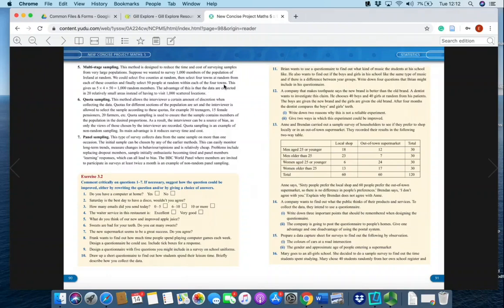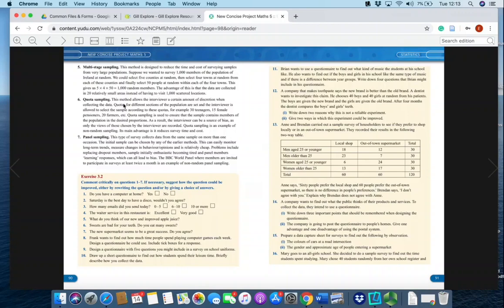This is rather than picking 1,000 random people from all over Ireland, because then if you had to do, for example, a face-to-face interview, you'd be driving all over Ireland. So by using multistage, you are going to 5 counties at most, then 20 towns at most. So now to take 1,000 surveys is much more manageable.